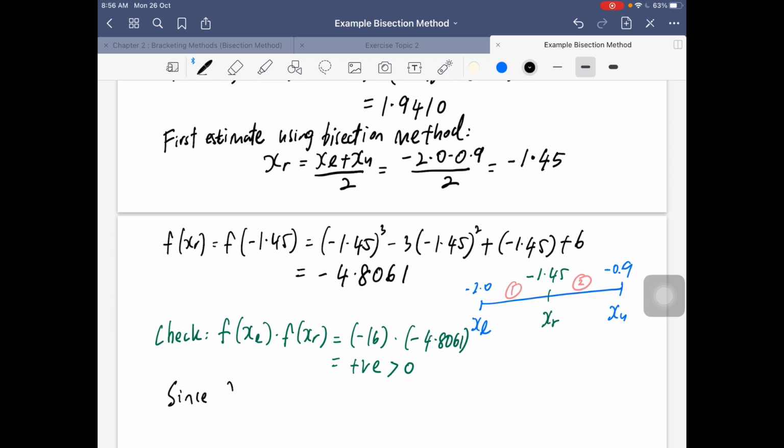So since our test condition gives us greater than 0, the root lies in the upper subinterval.